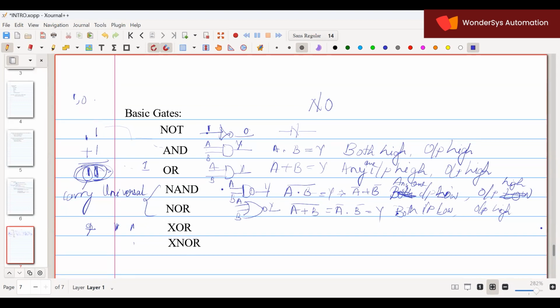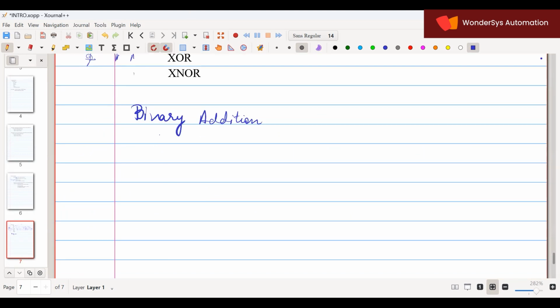When we add 1 plus 1, it should be 2, right? But in binary, it is 1, 0. We should know that in binary there are only two numbers, one is 0, another one is 1. So let's perform an addition of 1 plus 1. In decimal format, 1 plus 1 is 2, right? Now, whenever we do the addition of binaries, let's consider 0 plus 0. It will be 0. 0 plus 1 will be 1.